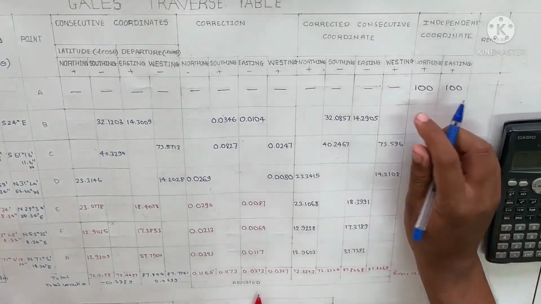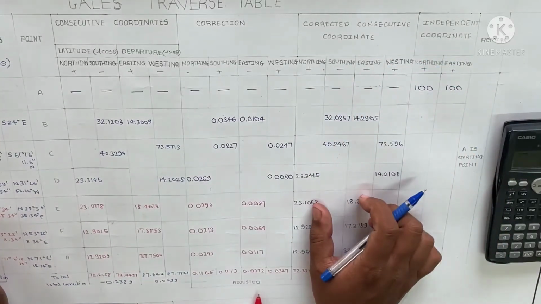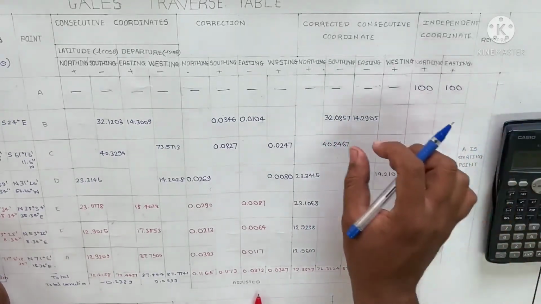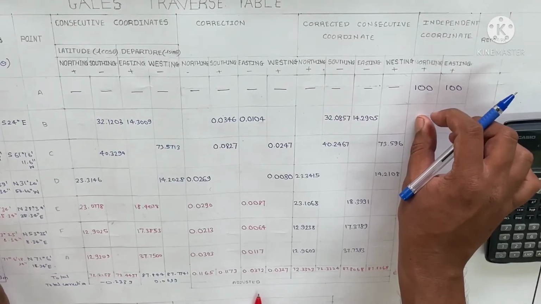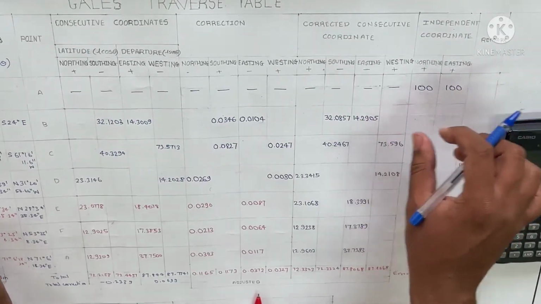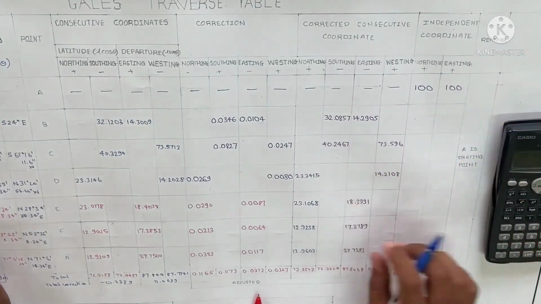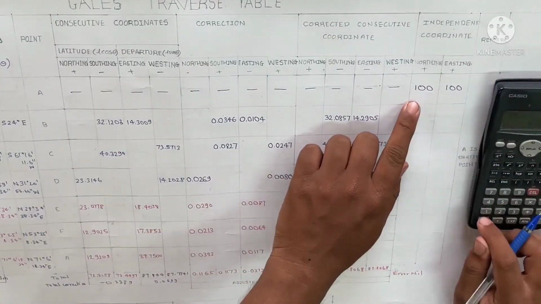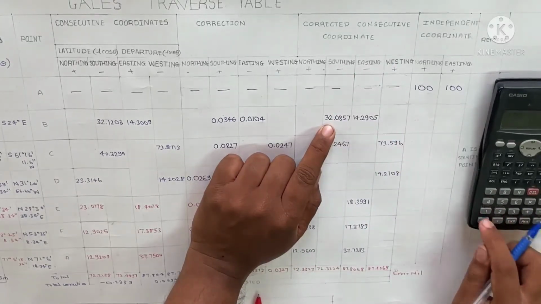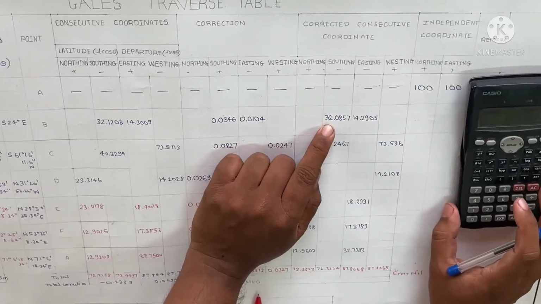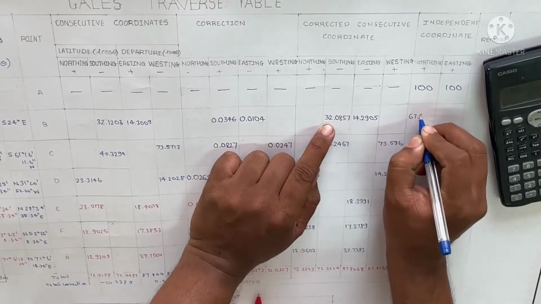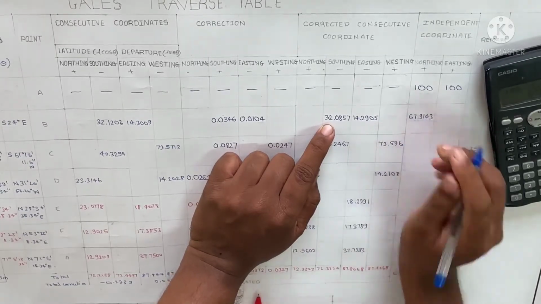Now whatever values we have calculated, that is the corrected consecutive coordinates: if it is northing, we add it; if it is southing, we deduct it from the value calculated previously. Correspondingly, if it is easting, we add it; if it is westing, we deduct it. For example, 100 minus southing 32.0857 comes out to be 67.9143.